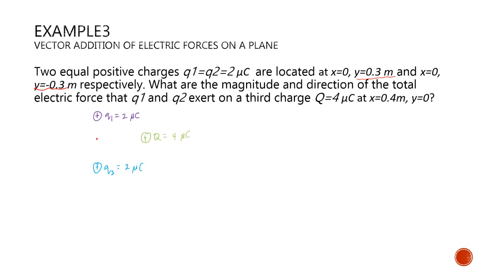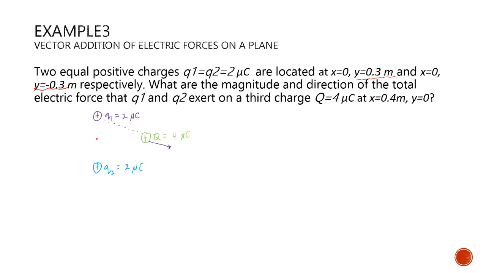So first we draw the arrows representing the forces acting on Q. Between Q1 and Q, both are positive, so the force is repulsion. So the arrow should be drawn away from Q1, in the same line as the distance between the two.